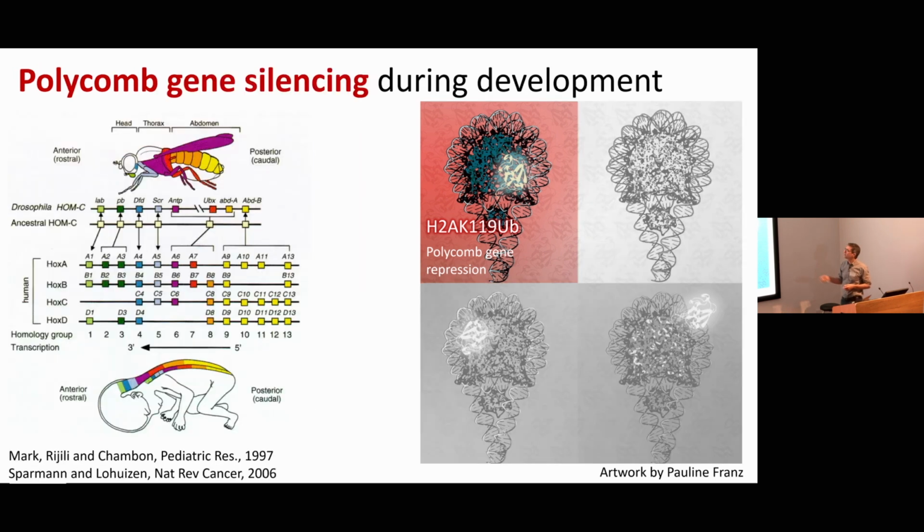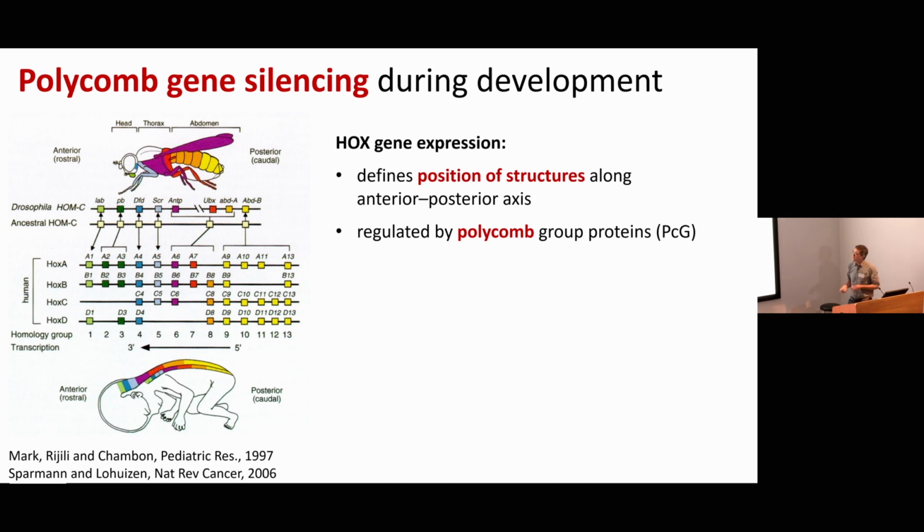But today I want to mostly focus on this modification here at lysine 119, which is Polycomb gene repression. This is a very important regulatory process that is very important for development. For example, conserved from flies to men, there is a series of genes, the so-called Hox genes, that define the posterior-anterior axis of the embryo.